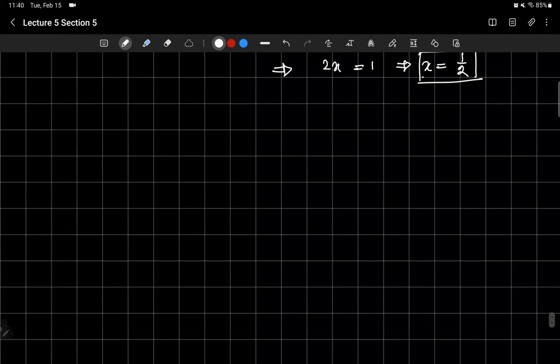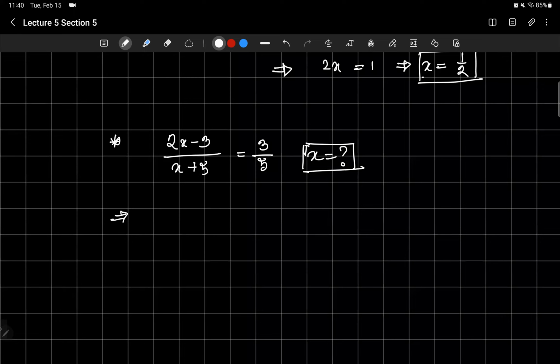What about an equation like this? Let's say (2x minus 3) divided by (x plus 5) is equal to 3 by 5. How do we find the value of x? Well, it's pretty easy if you cross multiply.